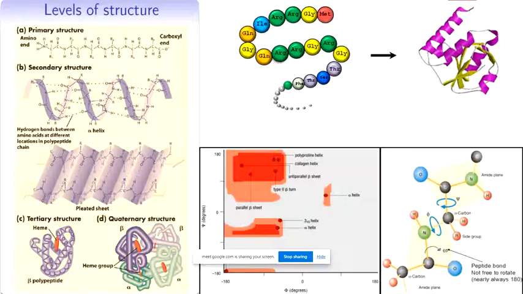So this is an I to I plus 3 or I to I plus 4 interaction, where I is the ith amino acid and I plus 3 is the I plus 3th amino acid with which it is forming a hydrogen bond. Now generally there are two kinds of secondary structure: one is alpha helix, another is beta sheet. These differ by the way the hydrogen bonds form, and each hydrogen bond pattern leads to a particular structure.